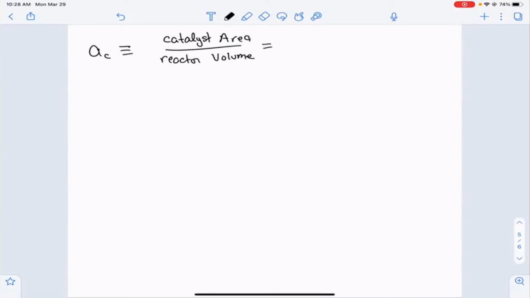Well, we can do that by saying that, look, this catalyst area over reactor volume is really related to properties of the catalyst itself, and also how the catalyst is incorporated into the packed bed. And so the latter, I'm going to say, is basically just a catalyst volume divided by a reactor volume.